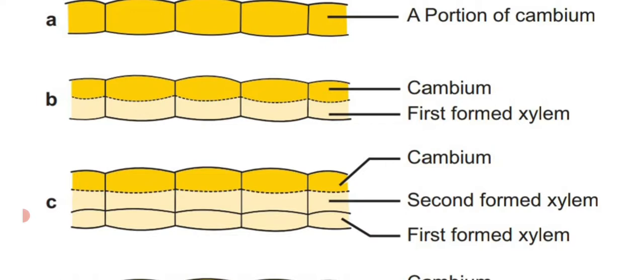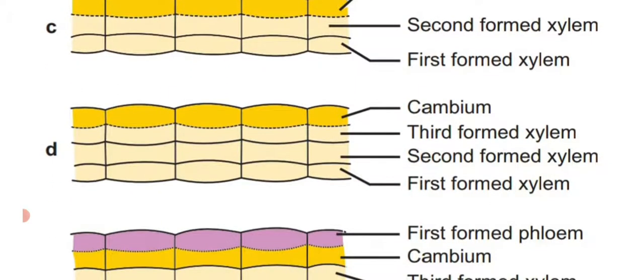Then again the cambium cuts off and produces another layer, known as second formed xylem. In diagram D, the cambium forms another layer, known as third formed xylem.